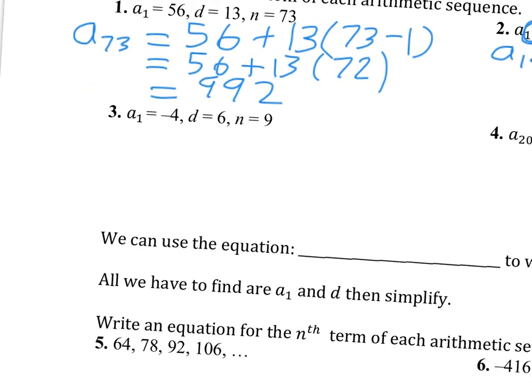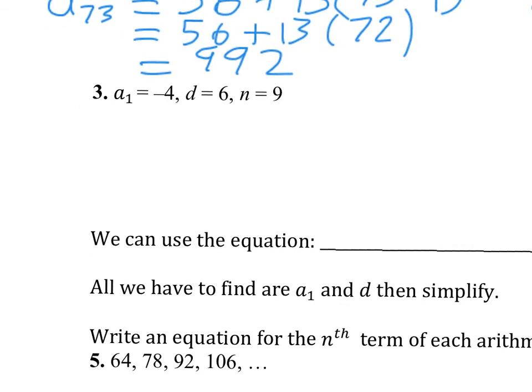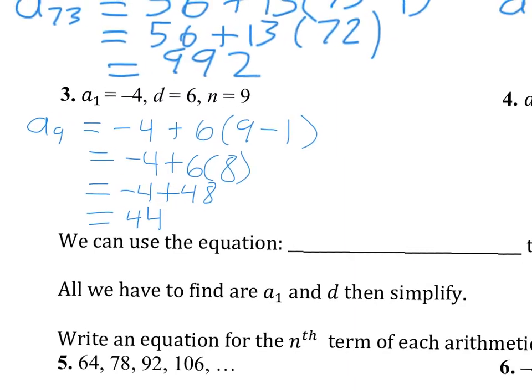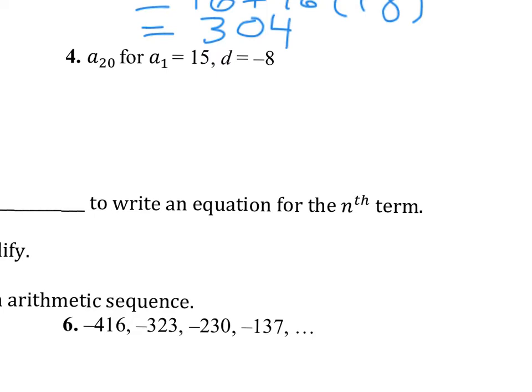For number 3, plug into the same formula. So A9 equals -4 plus D times n minus 1. Okay, number 4, we're finding A20.